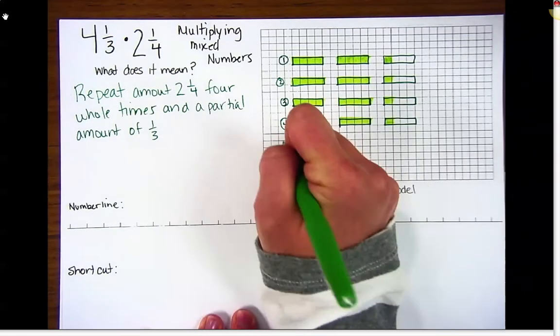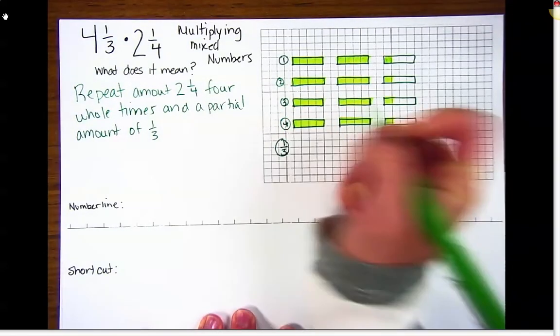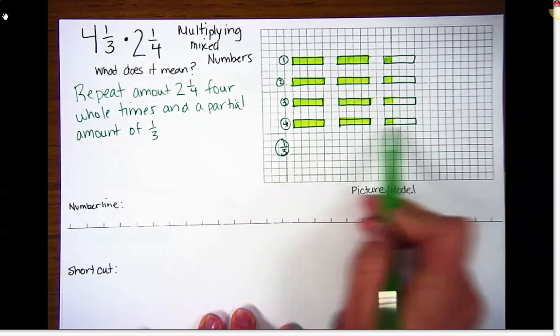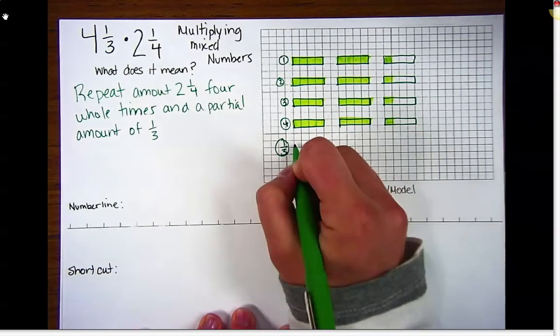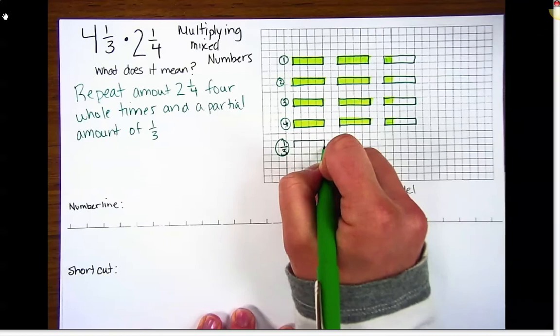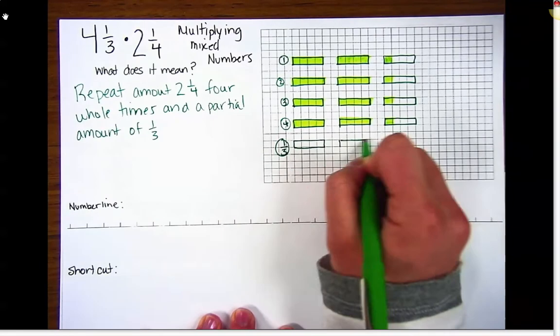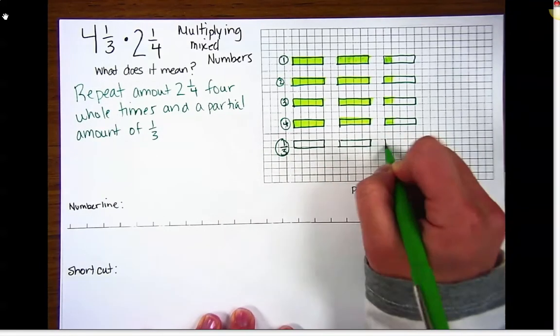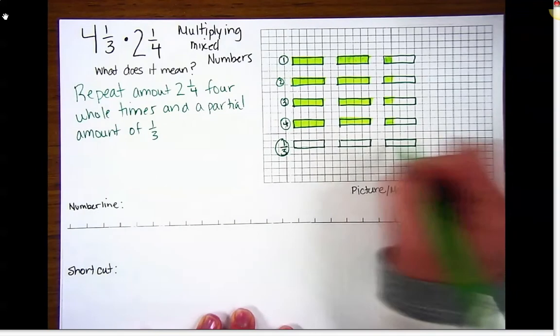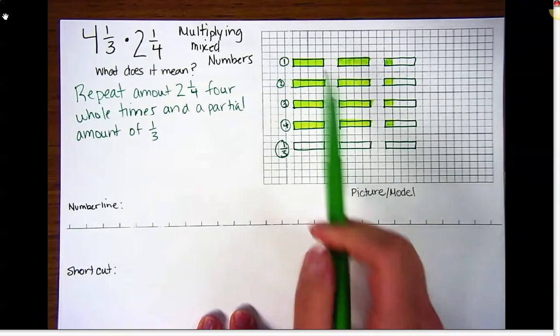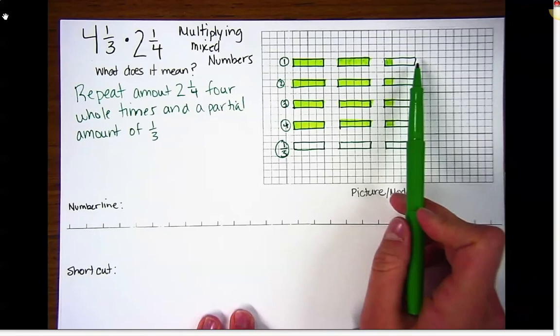So for my 1/3 amount, I'm still going to redraw this, but this time I'm only going to shade in 3 boxes. Again, we're not finding 1/3 of what would have been all 3 of them.